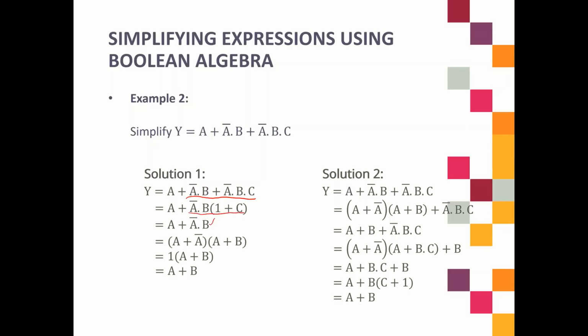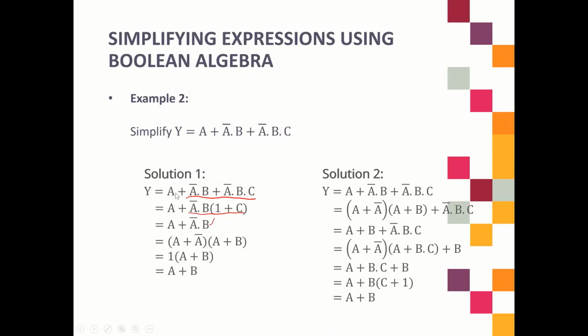You take out the similar variables. So here you have two similar variables, A bar and B. Here also you have A bar and B. So your factorized value will become your answer for the factorized, or simplified, term. So you will get A plus A bar and B as your solution for the factorize.